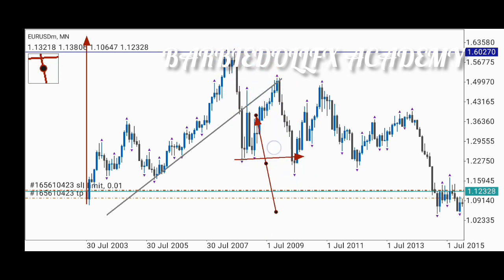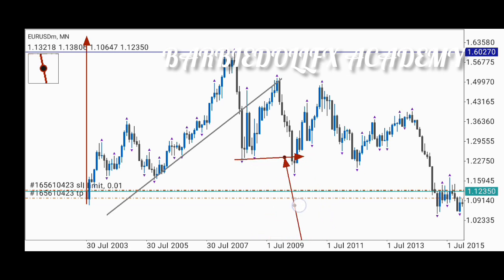So what it did was it formed this higher low, and now breaks this low. And once it breaks this low, this one now becomes our low.